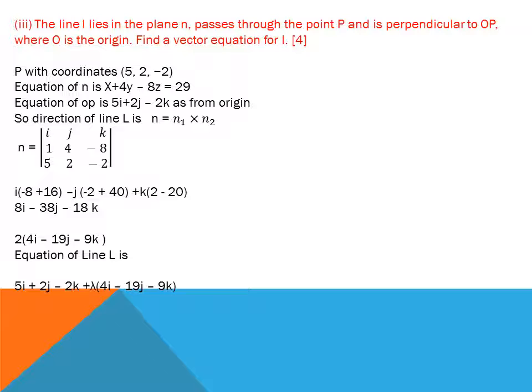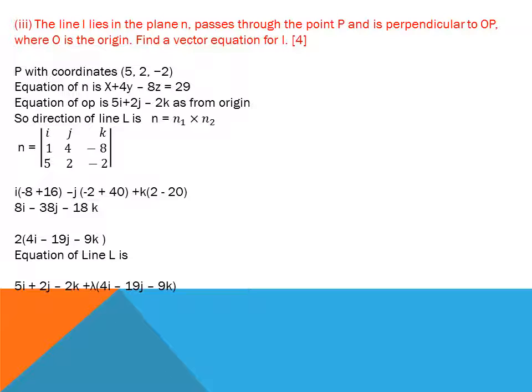I into hide the column I, and take the matrix 4, minus 8, 2, minus 2, then minus J, hide the column J, and take the matrix 1, 5, minus 8, minus 2, and find J. Finally plus K, hide the column K, and take the matrix 1, 4, 5, 2.